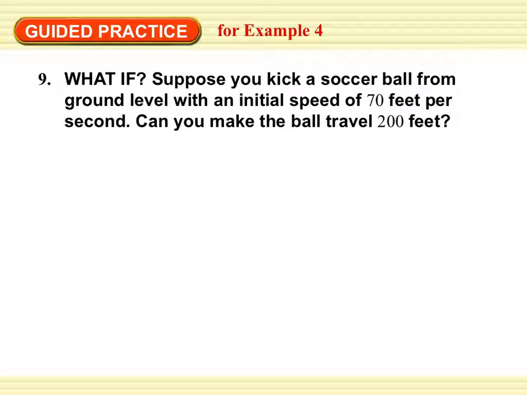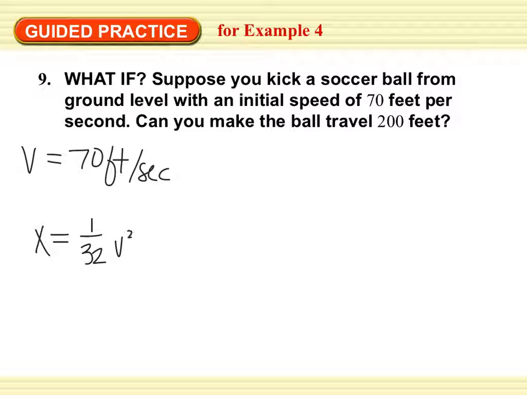All right, suppose you kick a soccer ball from the ground level with an initial speed of 70 feet per second. v equals 70 feet per second. Can you make the ball travel 200 feet? Well, let's look at what we had here. x equals 1/32 v squared sine 2 theta.